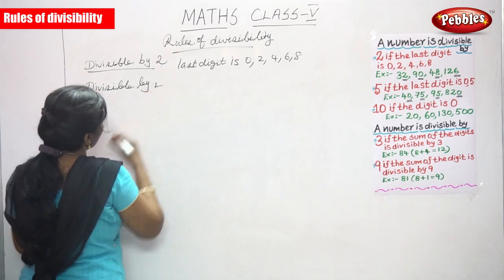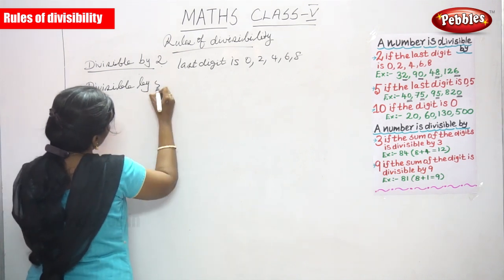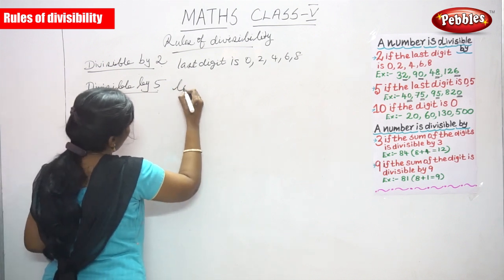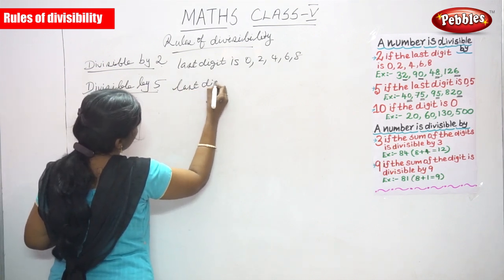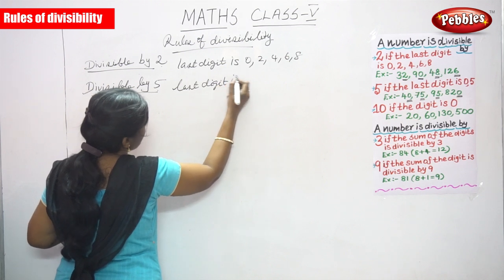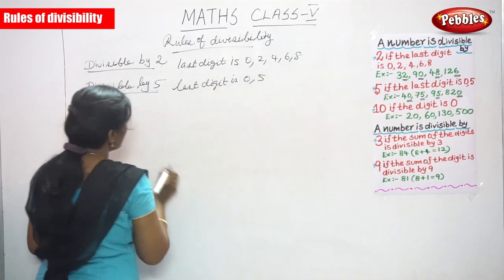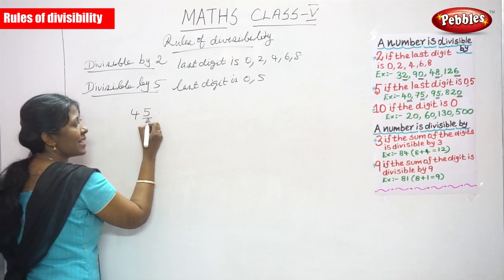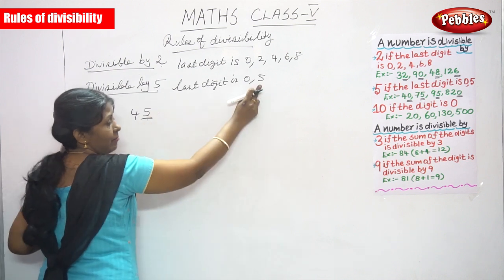I want to give more sums divisible by 5. The last digit is 0 or 5. 45: the last digit is 5, so it is divisible by 5.